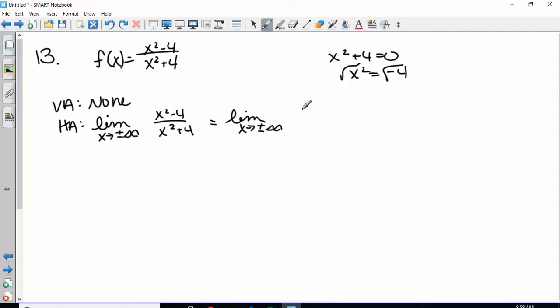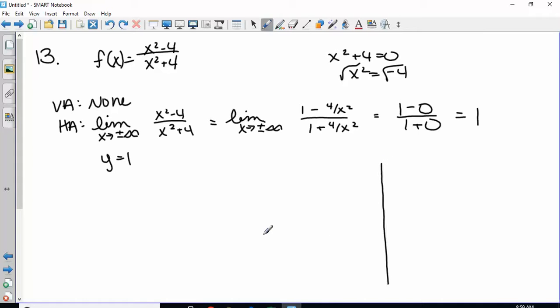So x squared over x squared is 1, minus 4 over x squared, over 1 plus 4 over x squared. So then you get 1 minus 4 over infinity goes to 0 over 1 plus 0, which is just 1. So the horizontal asymptote is y equals 1.